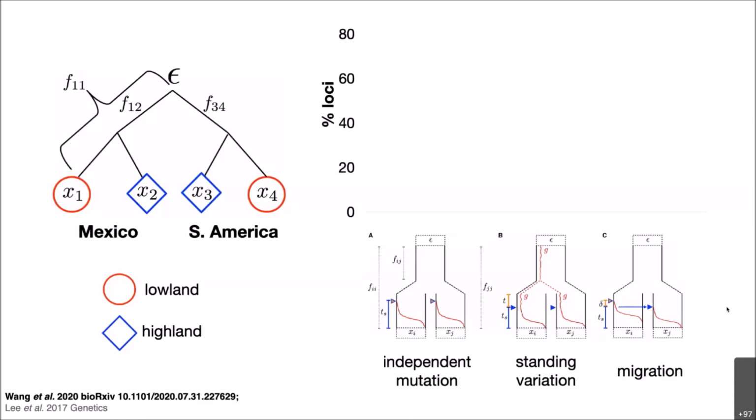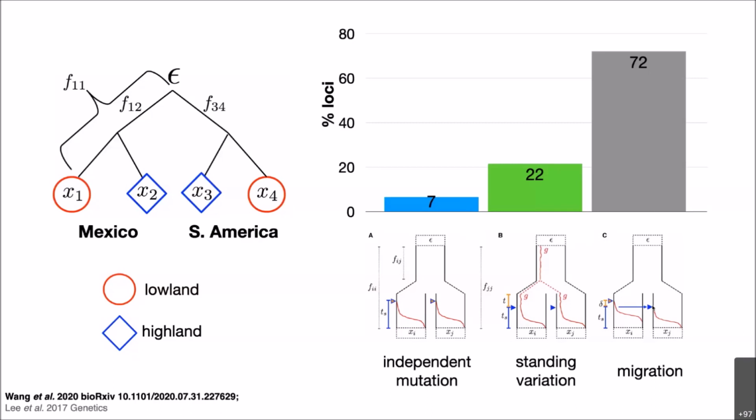And so the approach allows you to distinguish the probability of independent mutation, so the selected site mutated independently in each population, whether they inherited the selected allele from standing genetic variation in the common ancestor, or whether the site originated in one population and migrated from one population to the other population. So looking at these patterns of covariance, we can get at these different models of convergent evolution.